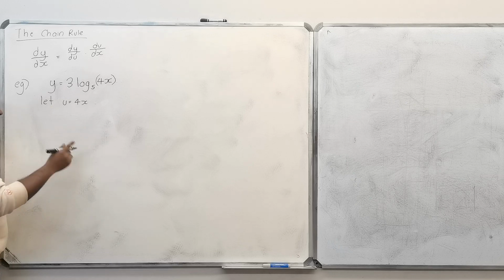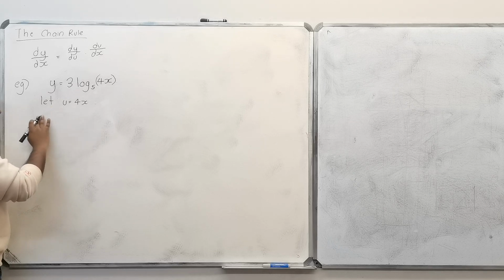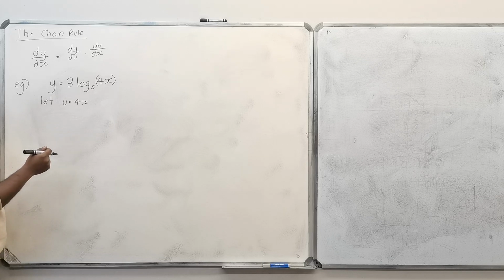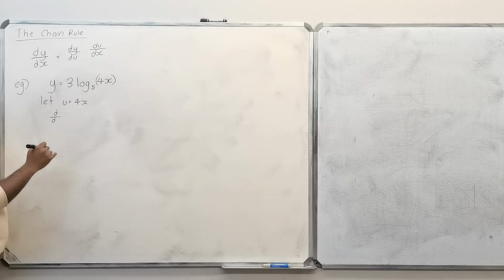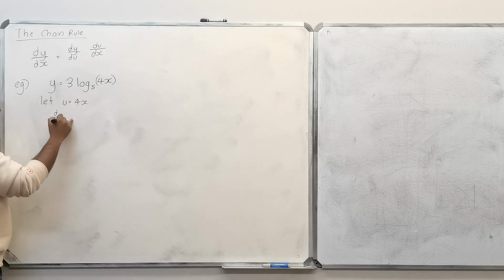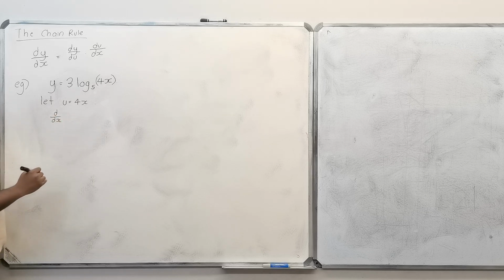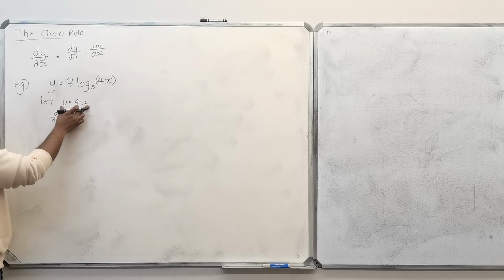What will you do after that, Emma? Okay, say it like how you would write it. That's dy over du times du over dx. It's going to be dx first. Look at this equation. How would you derive this equation?